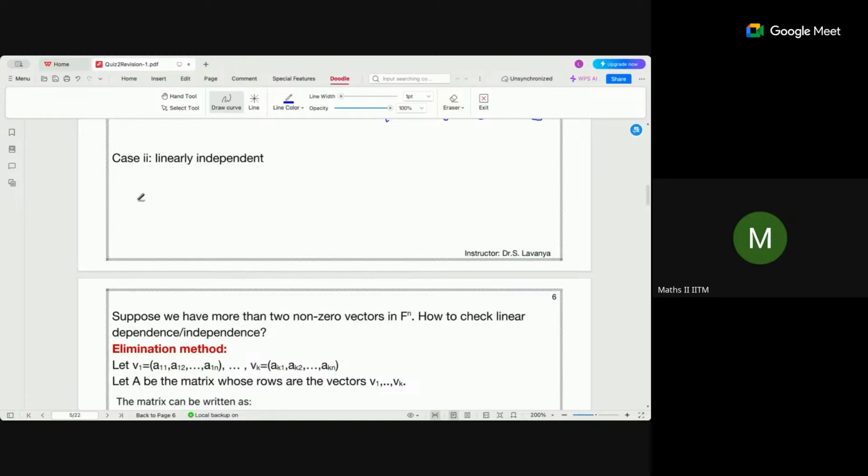First of all, let me say, suppose you have three vectors in F3 or R3, v1, v2, v3. How will you check whether they are linearly independent or not?